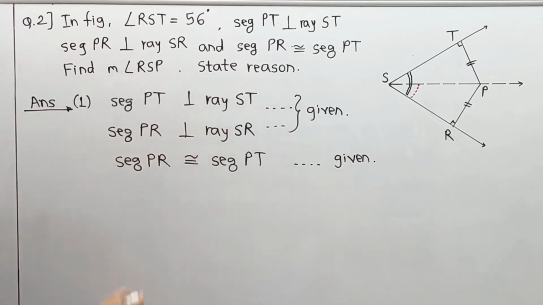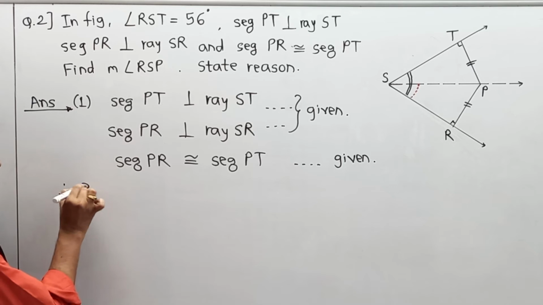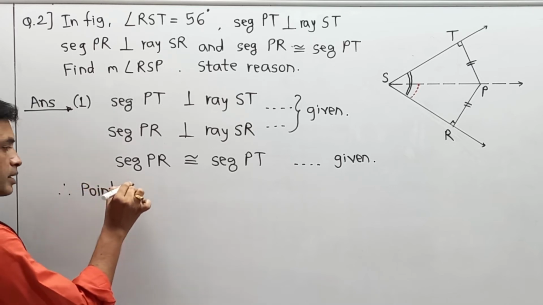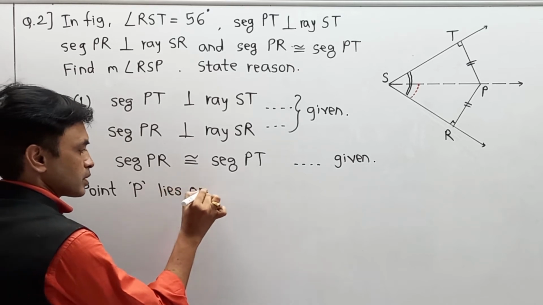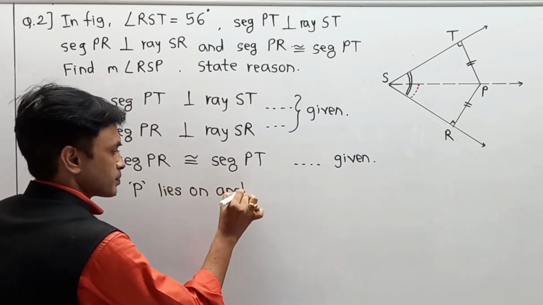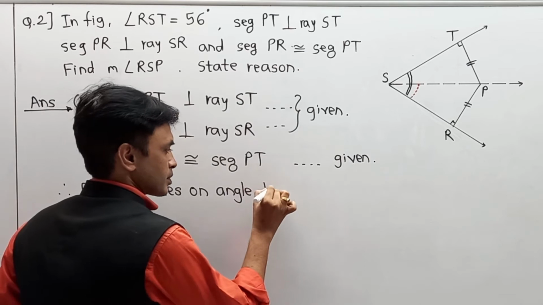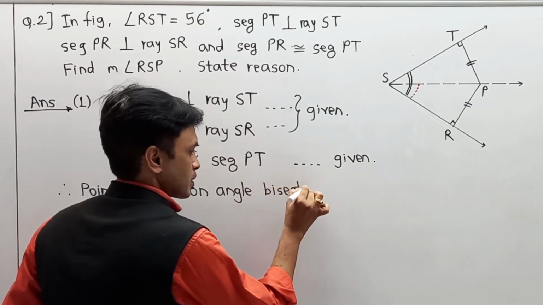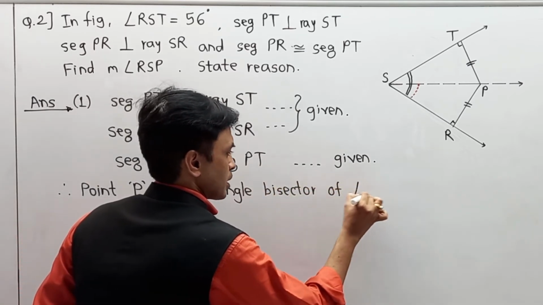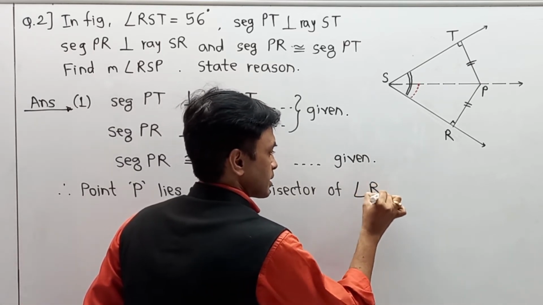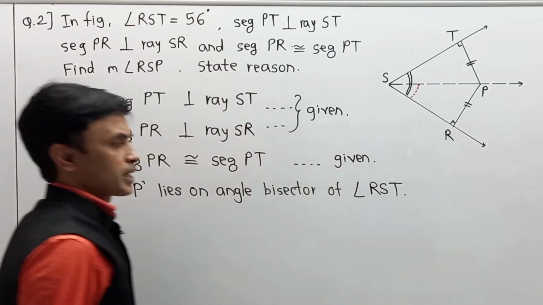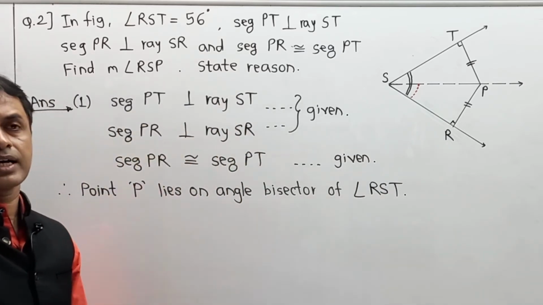Therefore point P lies on the angle bisector of angle RST. You can also write it TSR.